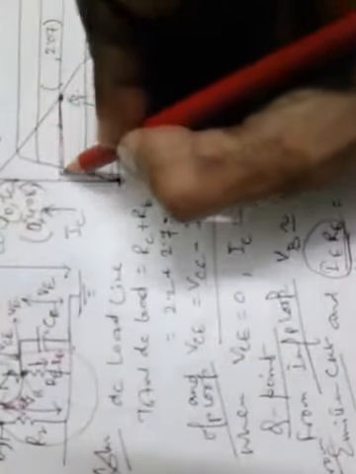So from here, change collector current by 1 milliampere. Just draw a line parallel to the voltage axis or x axis through this Q point, like this, and also draw a perpendicular on this line. Okay, before drawing the perpendicular, draw this parallel line with the voltage or x axis and extend it to cut the y axis.